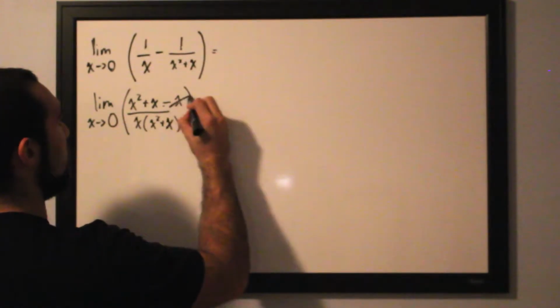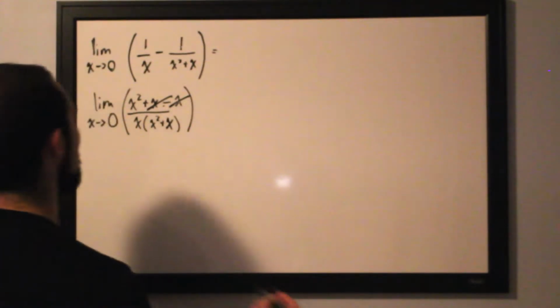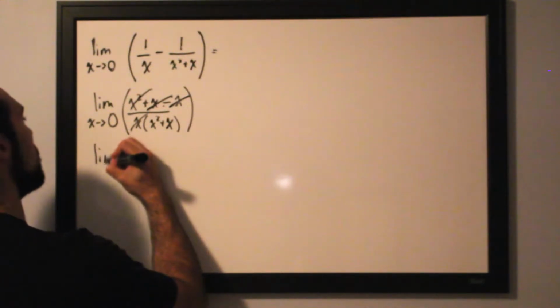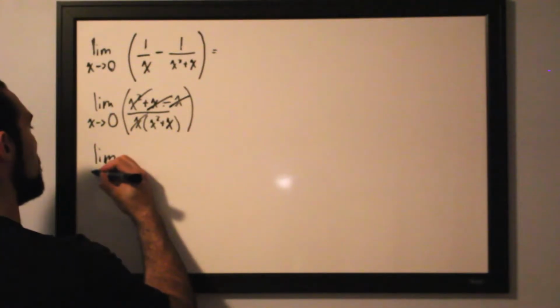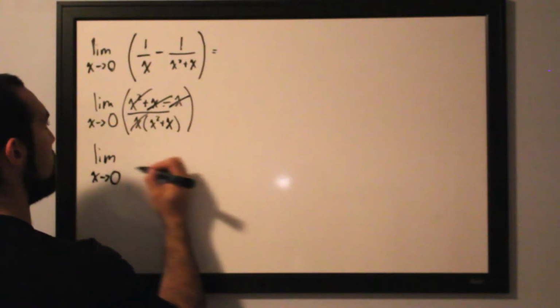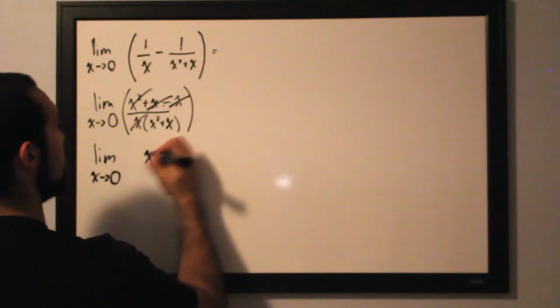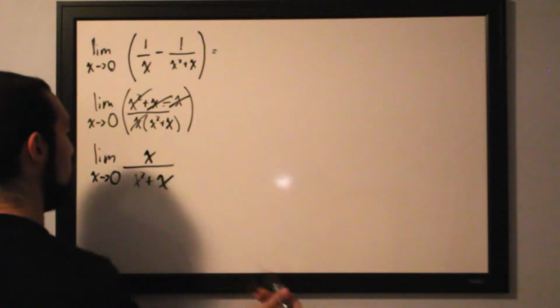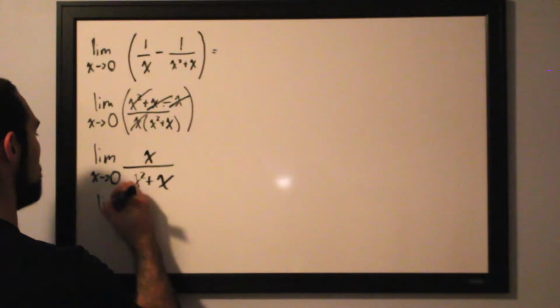And all we're going to have here is the x's cancel each other out. There's an x that can also be canceled out in the numerator and the denominator. So the limit as x approaches 0, all we have left in the numerator is an x, and in the denominator an x squared plus an x. Once again, we can factor another x out of the denominator.